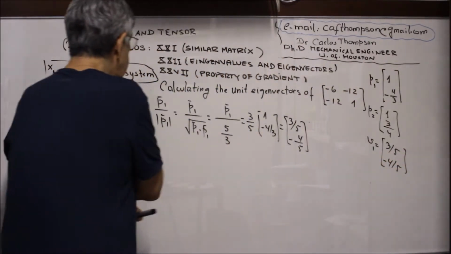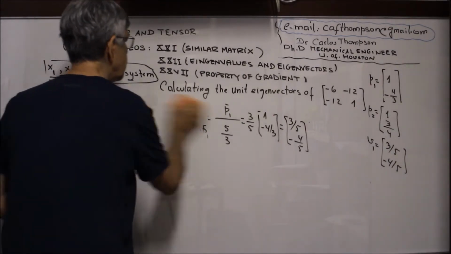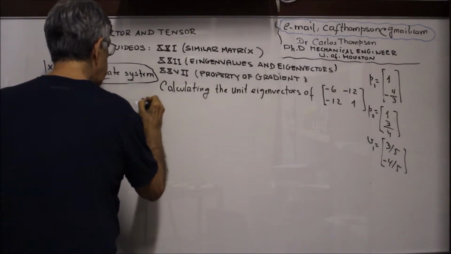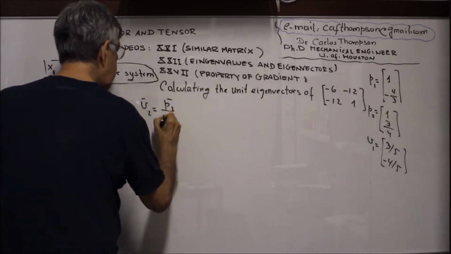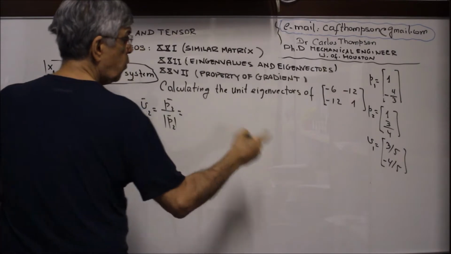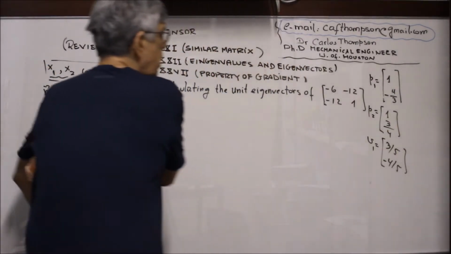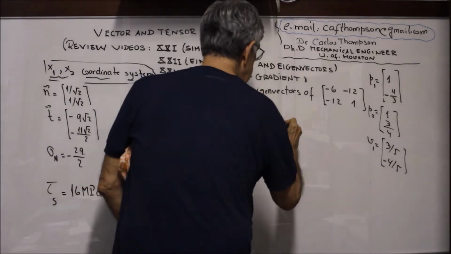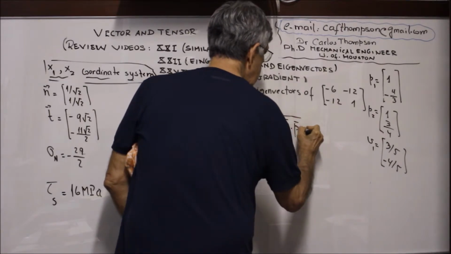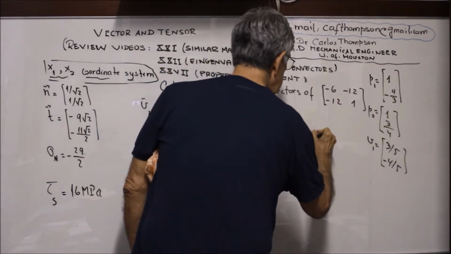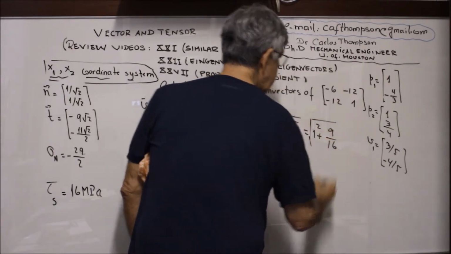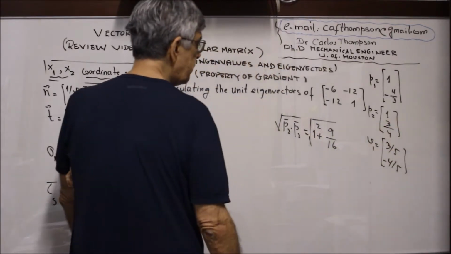Now let's calculate V2. V2 is equal to P2 divided by the magnitude of P2. Now P2 is 1 and 3/4. Let's get the magnitude of P2, the square root of P2 dot P2. This is equal to the square root of 1 squared plus 9 divided by 16, since 3/4 squared is 9 by 16.